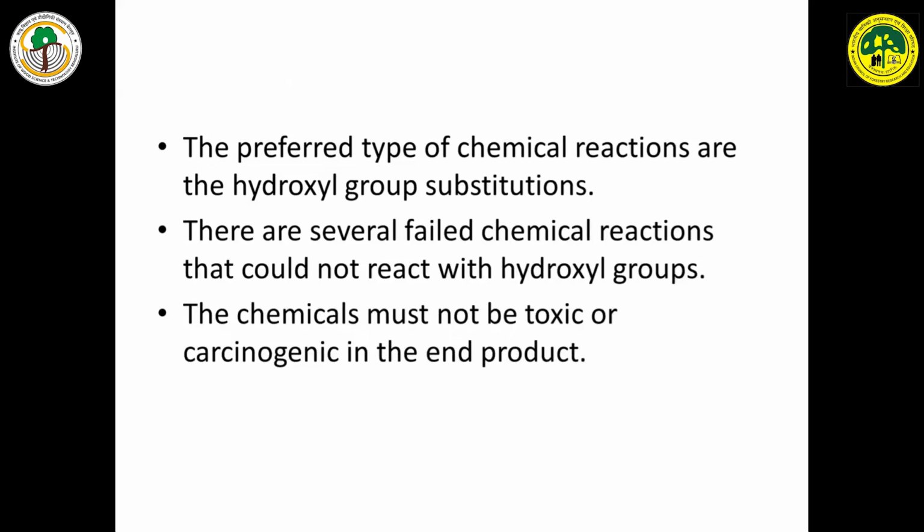But a number of chemical reactions fail in the case of chemical modification of the wood, even though it contains a large number of hydroxyl groups. That may be due to the crystallinity present in the molecules as well as the intermolecular hydrogen bonding.